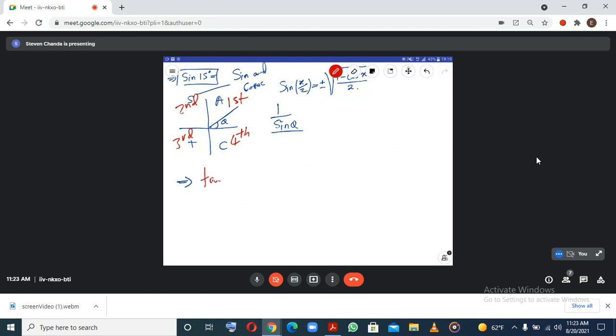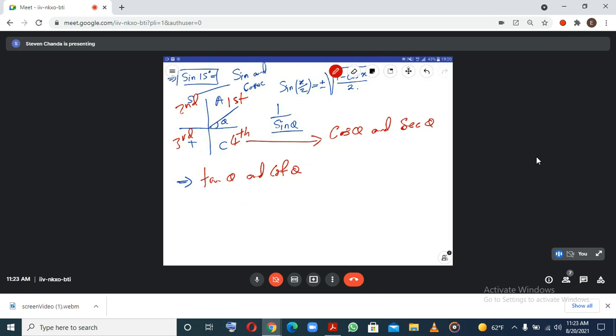We know cot is 1 over tan. And then the same thing for the fourth, it's going to be cos theta and sec. We know that sec is 1 over cos. So I hope everyone has been able to appreciate that.